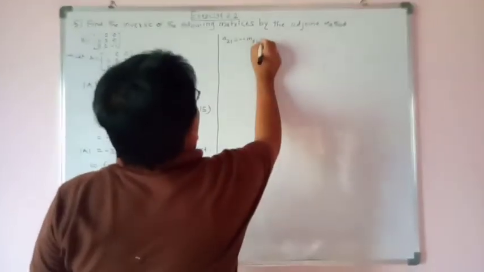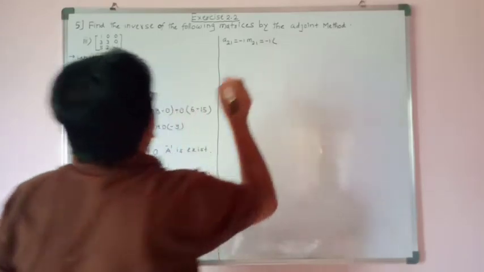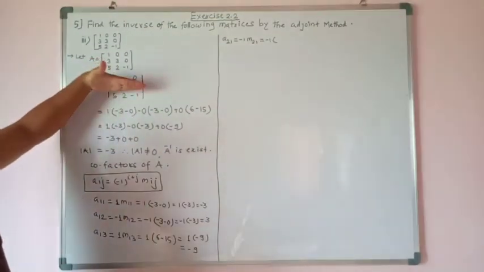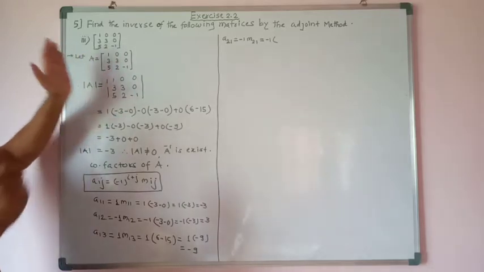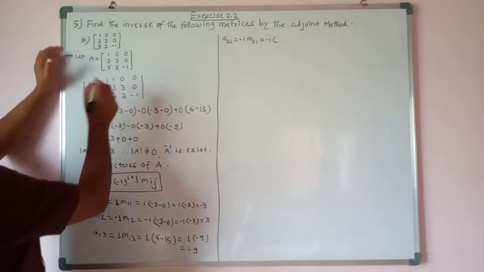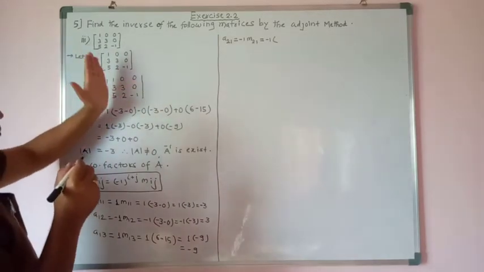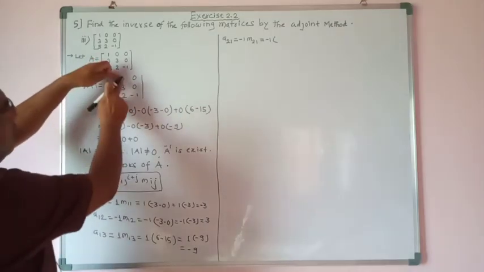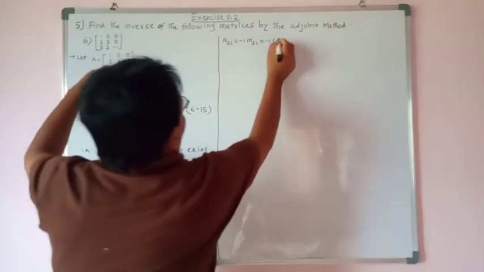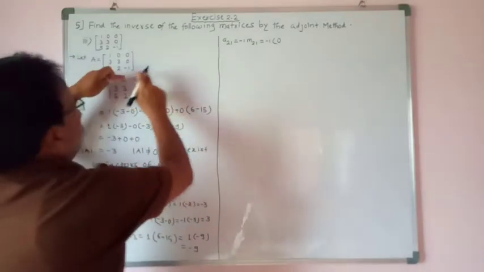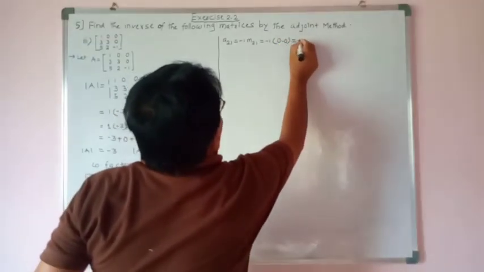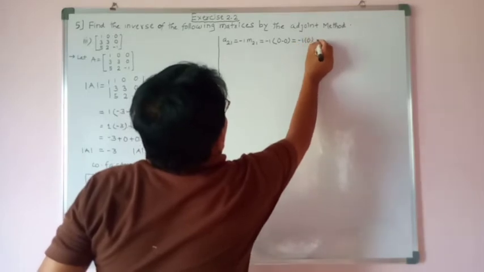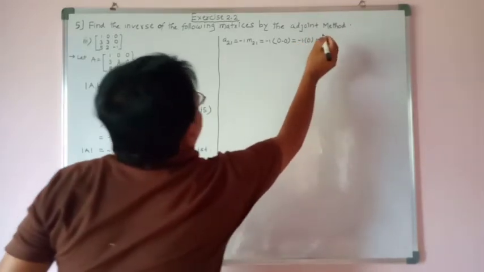M21 means leaving off the second row and first column. We use the cross product: 0 into minus 1 is 0, and 2 into 0 is 0, so 0 minus 0. Minus 1 into 0 minus 0 is 0. Minus 1 into 0, this product is 0.